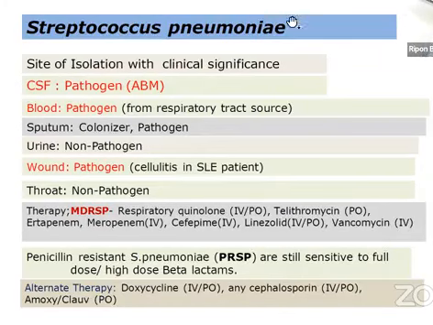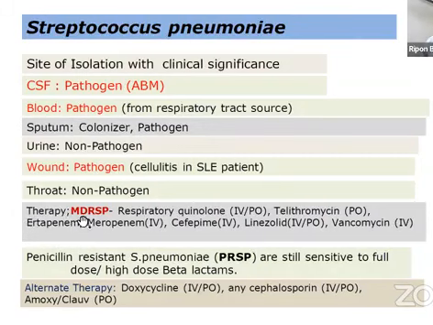Now, Streptococcus pneumoniae, if we get it from blood, CSF, they are pathogenic. But if we get it from sputum, it may be pathogenic, but usually they are colonizers in sputum. So during diagnosis, we should be careful whether it is colonizer or pathogenic.